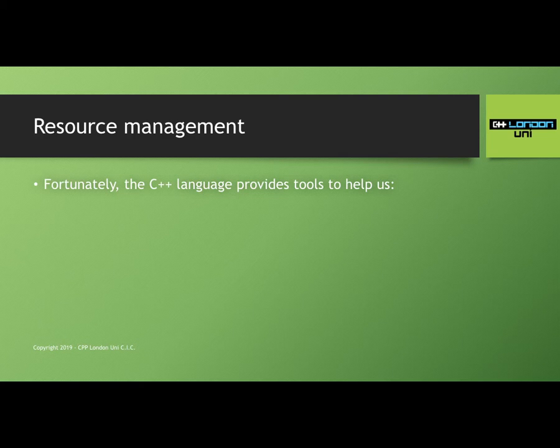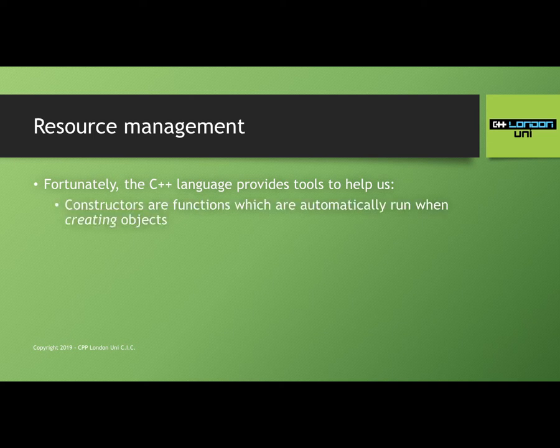Well, luckily for us, the C++ language provides tools to help us. And you've already seen and been using one of those tools and not even realized that that's what it was for. Because C++ has constructors. These are functions that the compiler automatically runs when we're creating a new object.